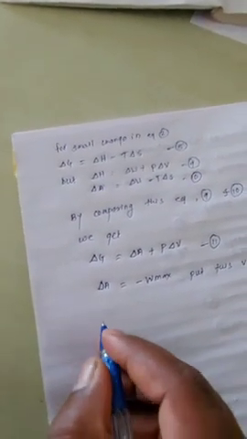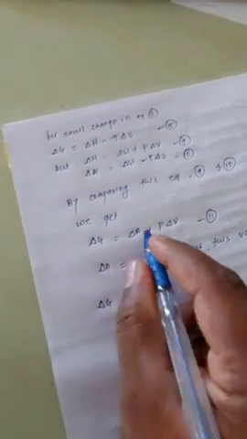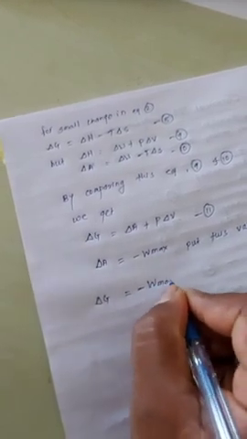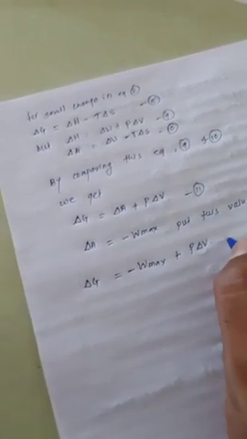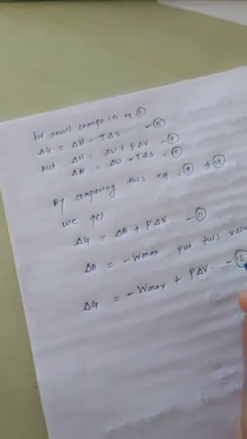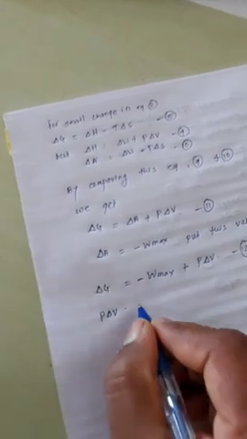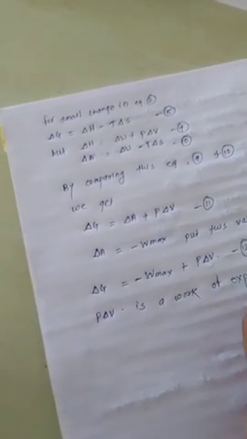Now delta G is equal to, in place of delta A, we put minus W max, plus P delta V. Now this is equation number 12. Now P delta V is a work of expansion.